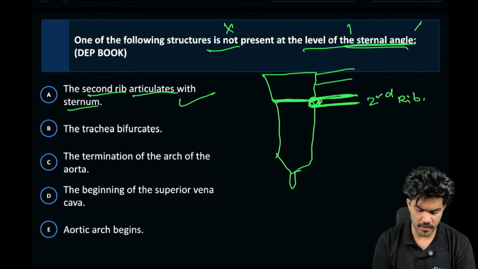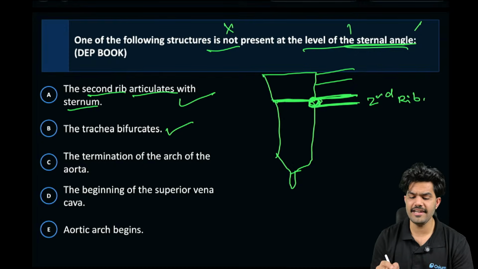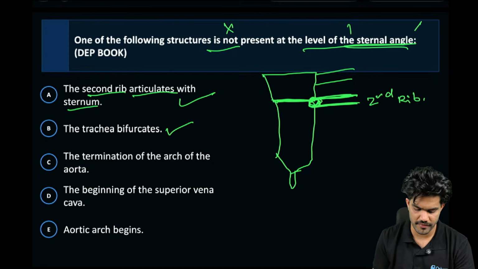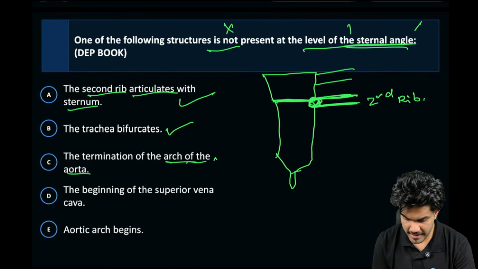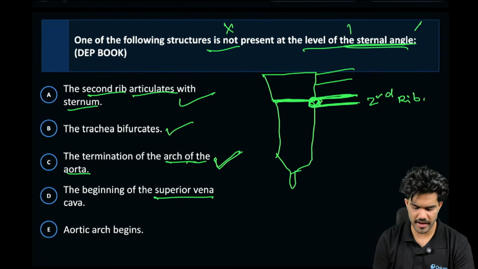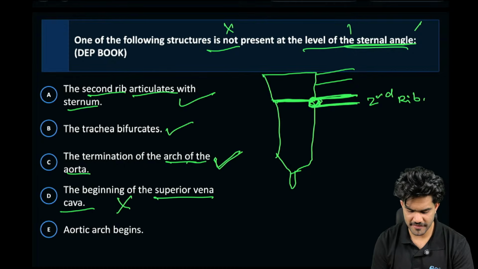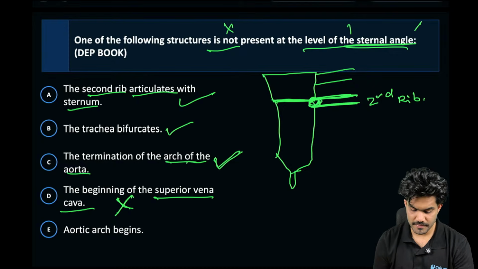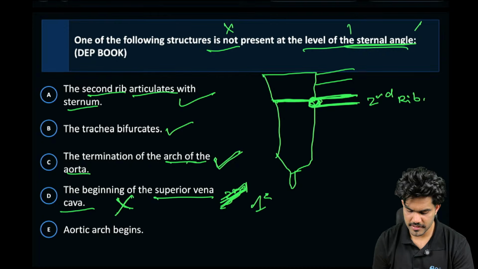Okay. Now the trachea bifurcates at, yes, at the sternal angle or at the disc between T4 T5. Now the termination of arch of aorta, is it? Yes, it's true. The beginning of superior vena cava, it is false. Where does superior vena cava begin, I told you, union at first right costal cartilage.